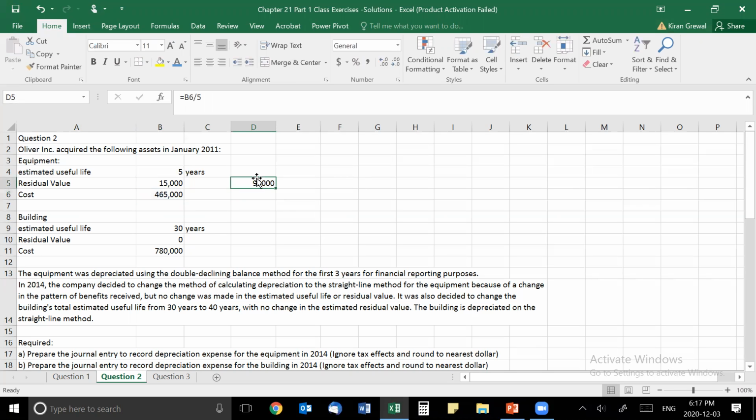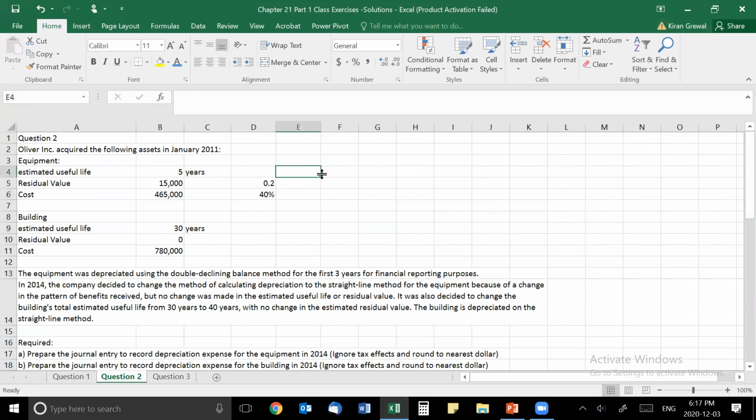Sorry, what you do for double declining method is you take 100% divided by the useful life, and you multiply that by 2, so 100% divided by 5 times 2, so 40%.